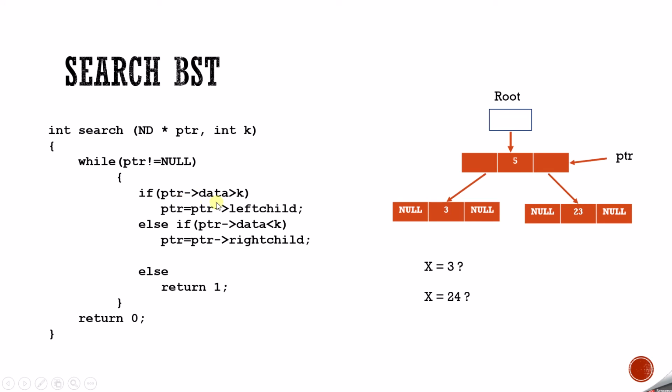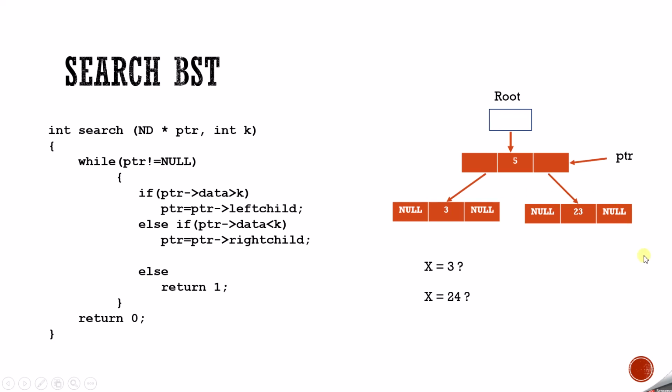PTR arrow data is less than the value that I would like to search. So naturally it will go to the right child. So PTR will start pointing to the right child, taking the right child address. Now PTR will point to this node, that is 23.